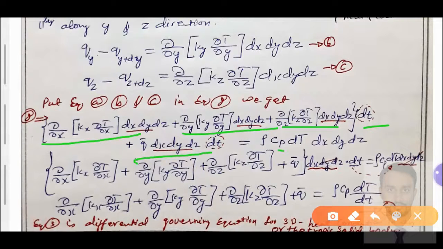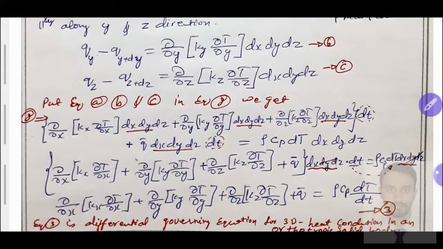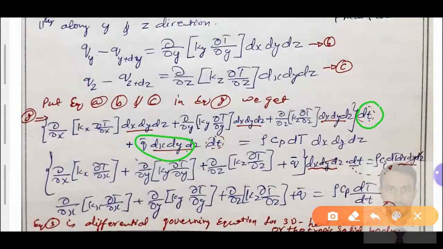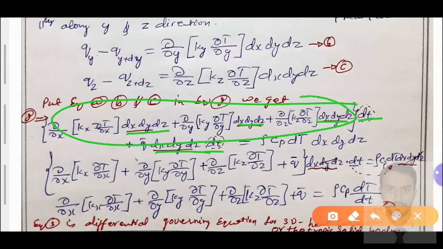Then this will remain as it is. Now we take dt as common and move it inside the bracket, and I'll take dx dy dz, which appears in every term, and dt, out of the whole equation on the left hand side.